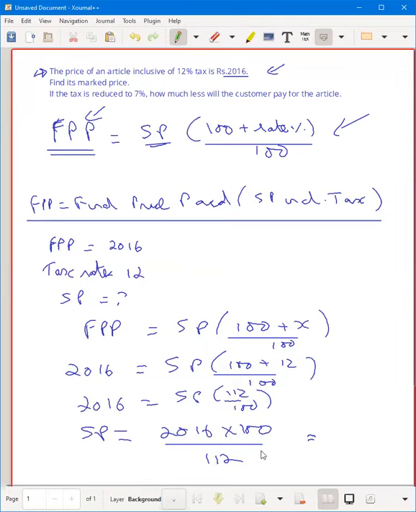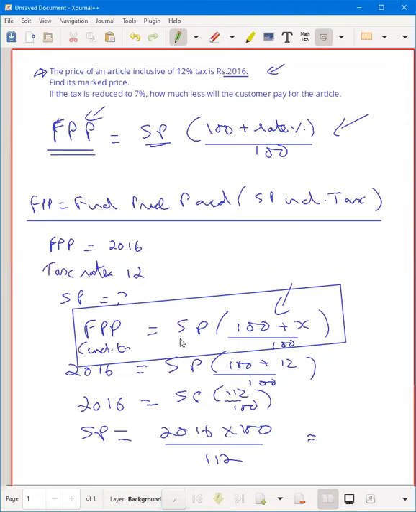Everyone who did not get it so far, quickly solve this and let me know the answer. So we have a direct formula for inclusive of tax. Please remember this formula, everyone. Final price paid, this is the including tax price, is equal to SP into 100 plus X upon 100. So start reducing this.